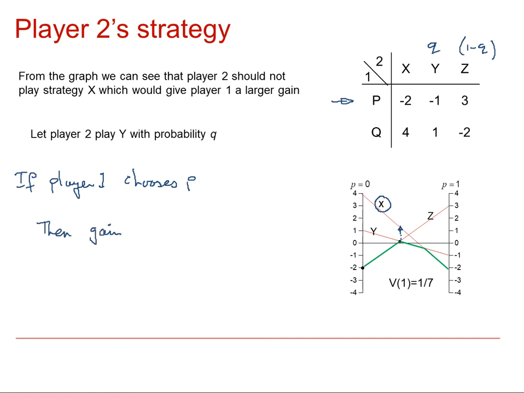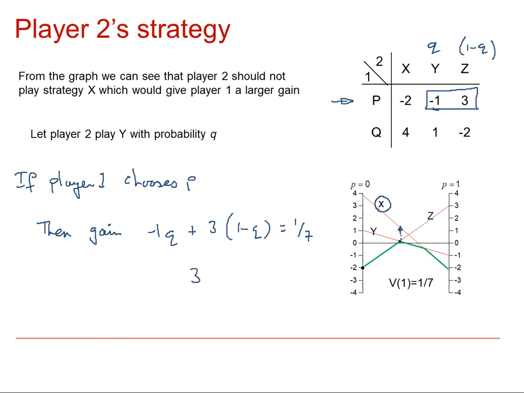is going to be equal to -1 times q plus 3 times 1 minus q. So this time we're looking along the row at these values, and that must give us the same value to the game of 1 over 7. So therefore we get the equation minus q plus 3 times 1 minus q is equal to 1 over 7.